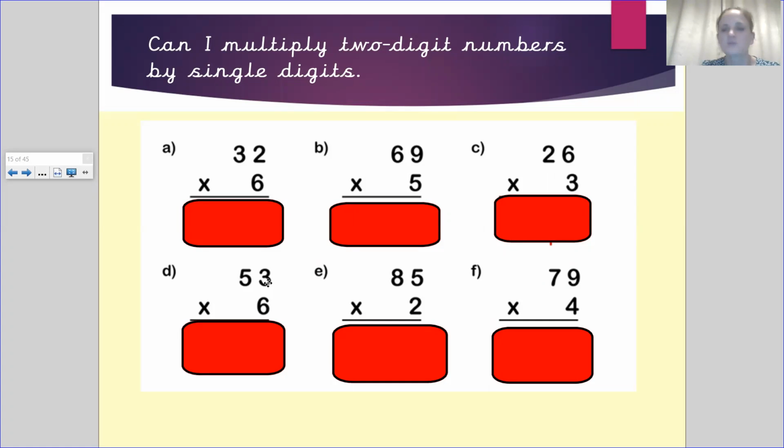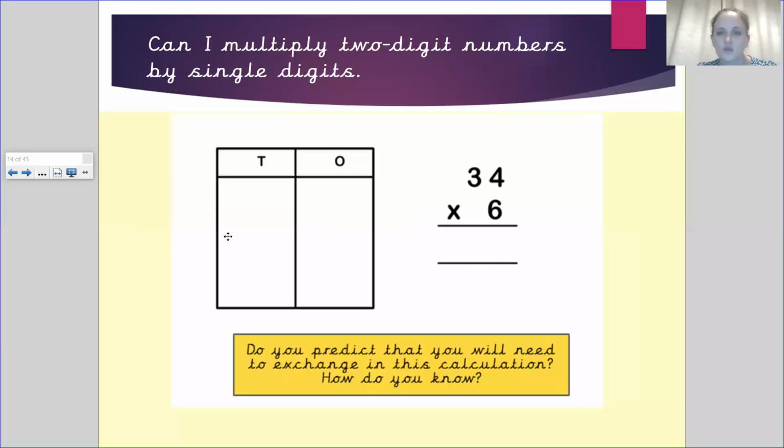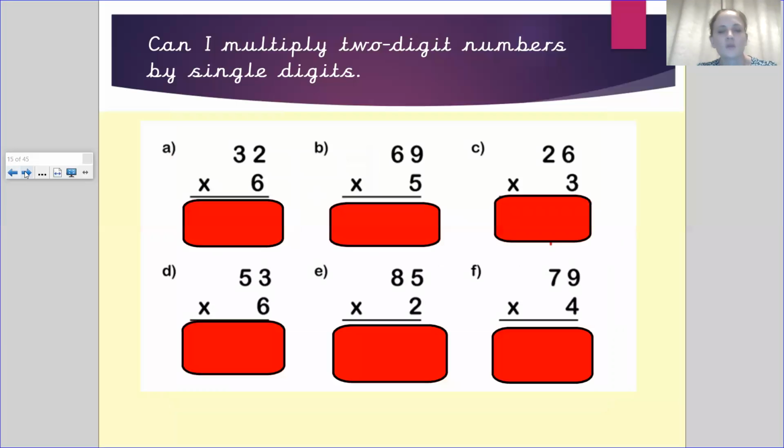You could draw them in columns, or you can use the column method that I worked out with you. So pause the video now and work them out, and then we'll go through the answers.